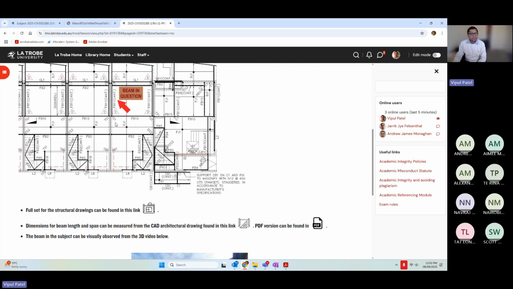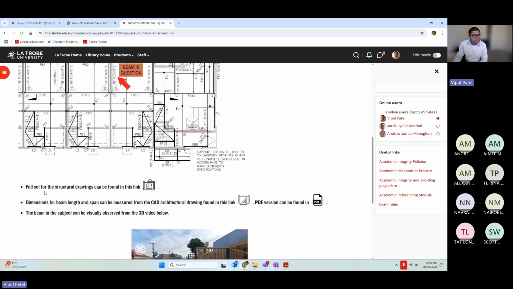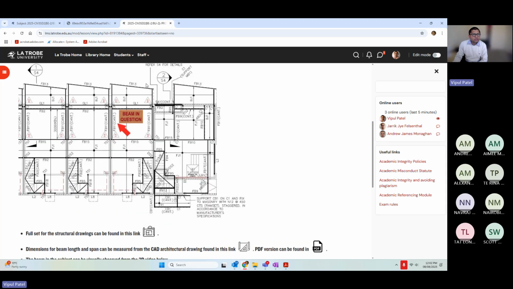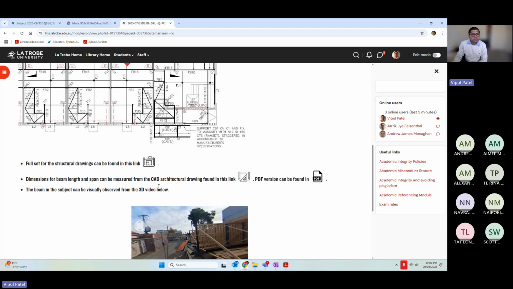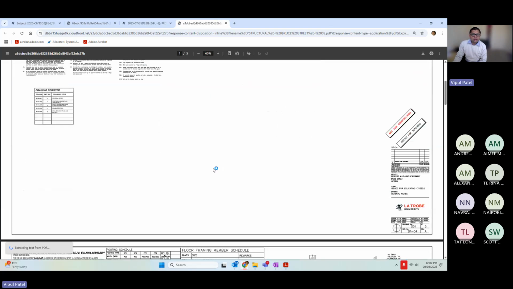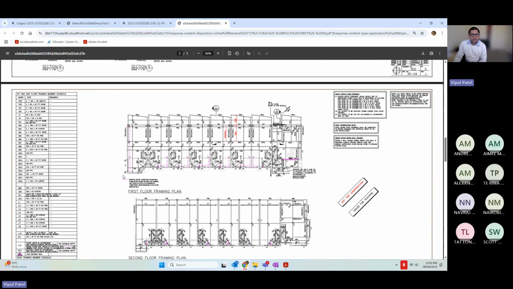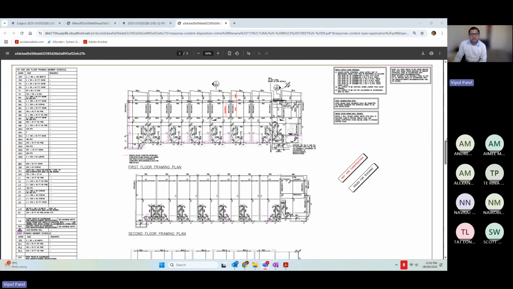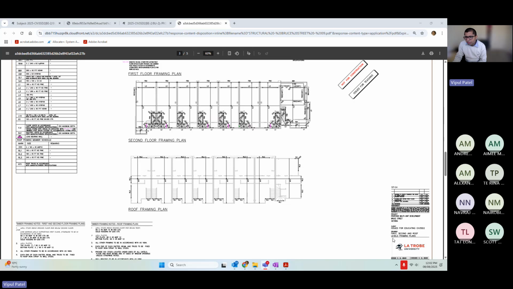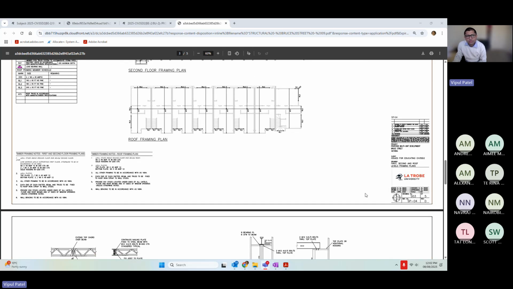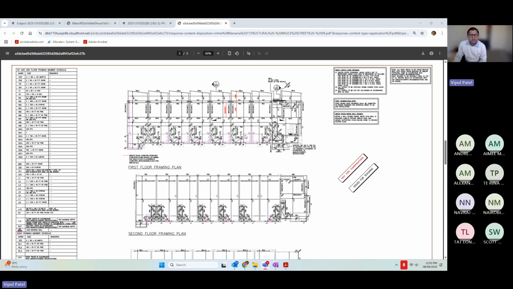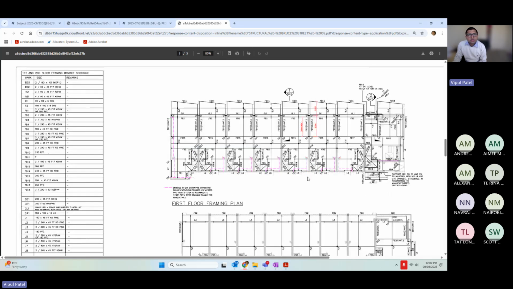So what we're going to do is go into the structural engineering drawings, and we're also going to refer to these questions in sheet number 3. So let's open this. That's the project we are talking about, the structural engineering for it. We don't need to worry about all the details here, but this sheet number 3 should be written here as S03, and there should be some beam located here.